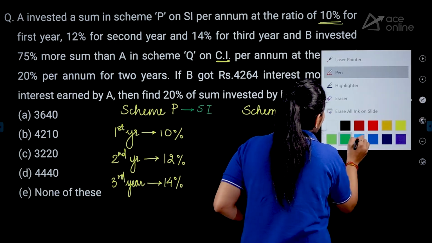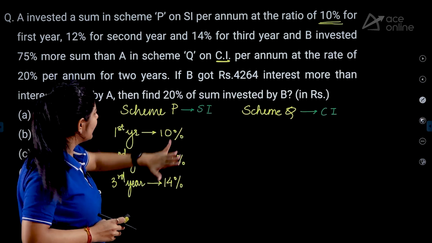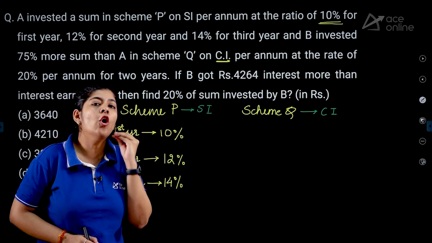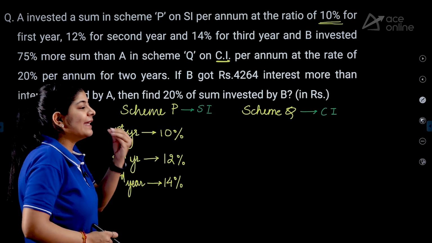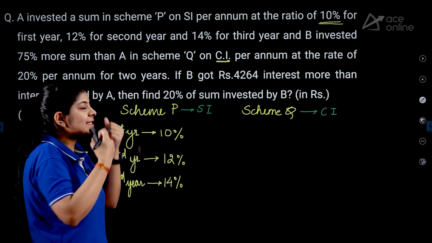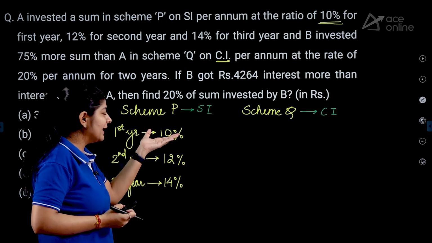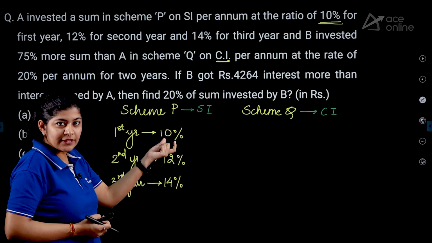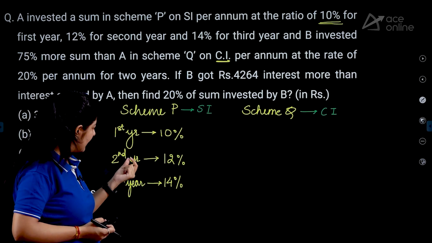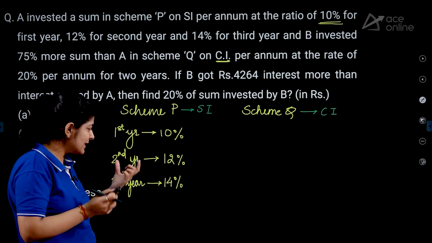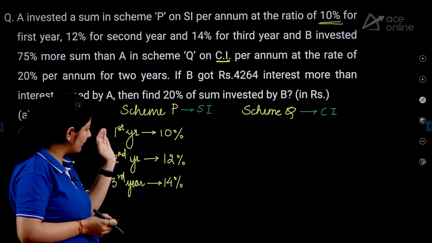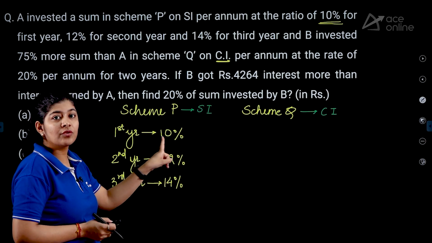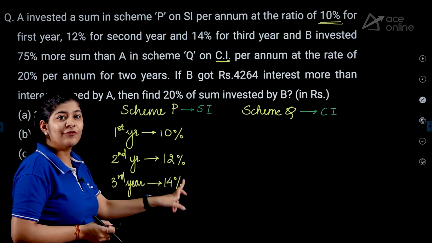Okay. Now we all know that whenever we talk about simple interest, the principal will always remain the same, and the interest that we are getting is completely dependent on the rate and the year, right? So here we are getting 10% interest for the first year. In the next year we are getting interest of 12%, and here we are getting 14%.